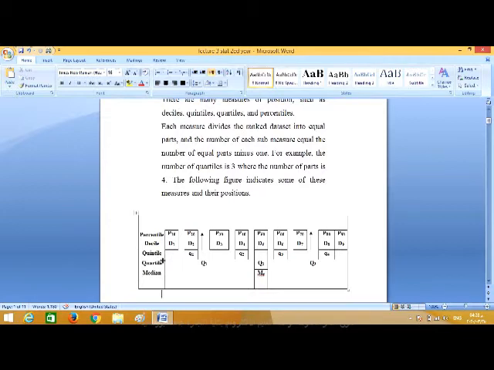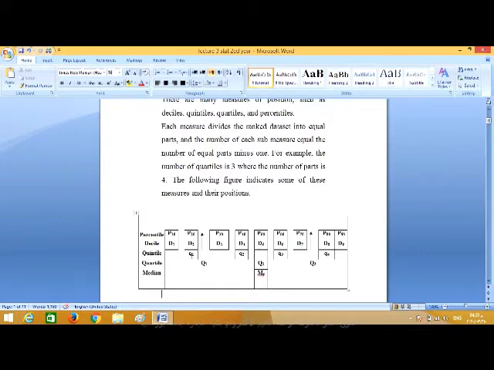Quintile. Quintiles divide the data set into 5 equal parts. So the number of quintiles is 4. Small q1, small q2, small q3, and small q4. Okay?